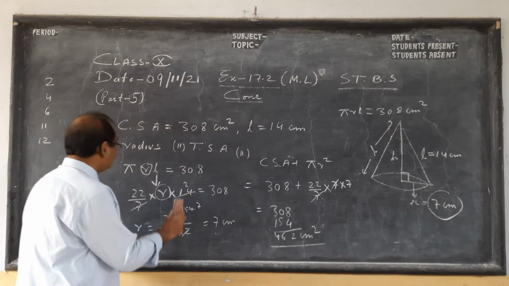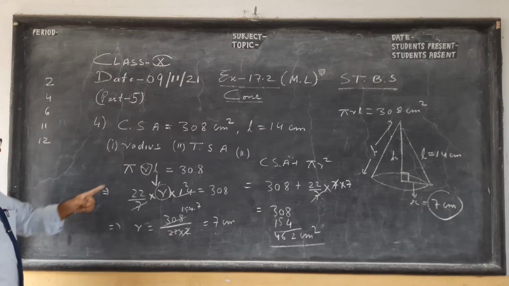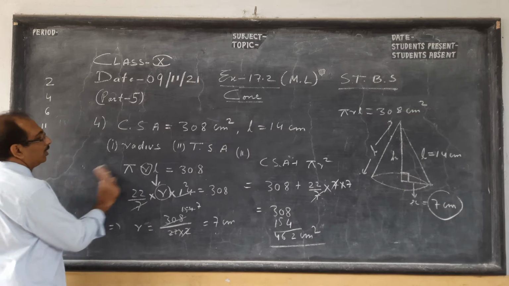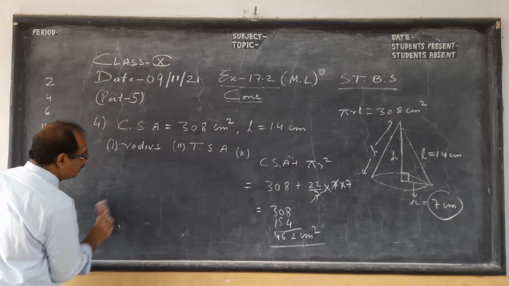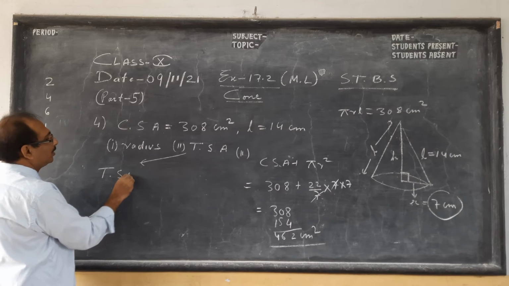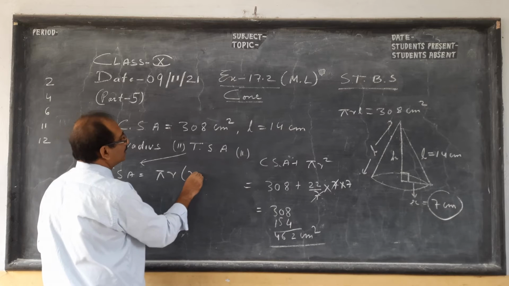What is the other way, children? Kindly pause the video and copy, because I'll rub this part. I'll show you where we will find it by the full formula. So what is the total surface area's formula? This is another way. TSA, as I wrote, is pi r (r plus L).